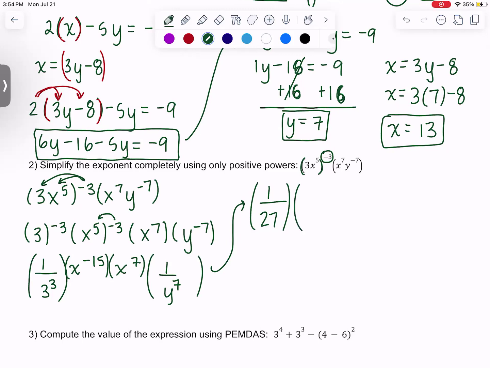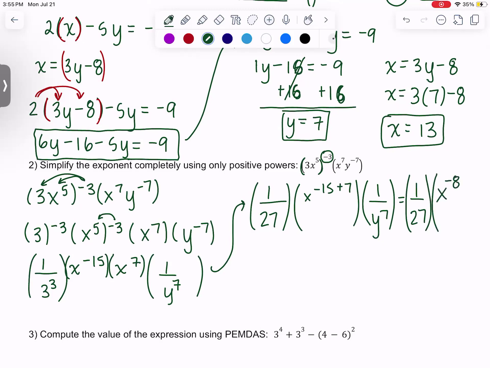x to the -15 and x to the 7th. We have two x's being multiplied, so the same base. We're going to add their exponents. And then 1 over y to the 7th. Let's rewrite it. Negative 15 plus 7 is negative 8.